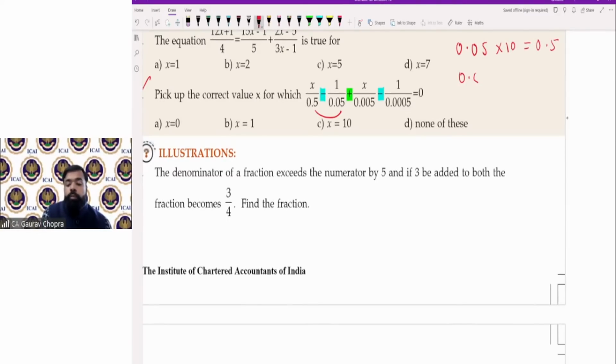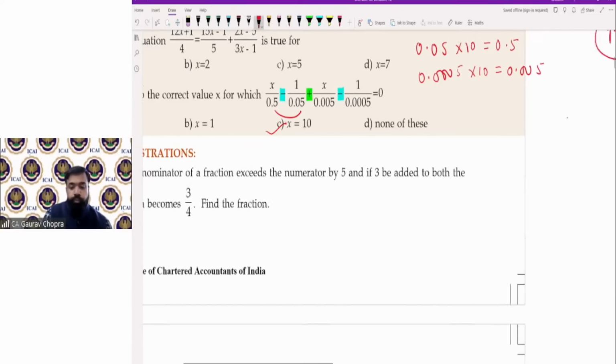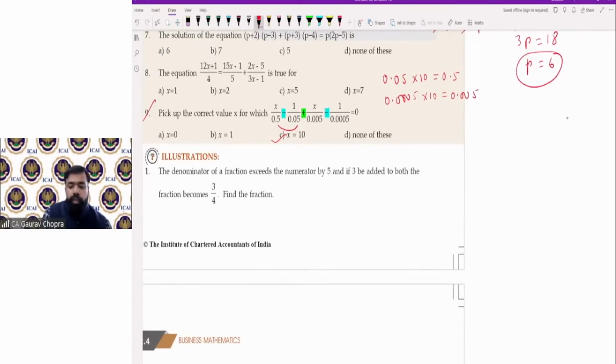Similarly, if 0.0005 is multiplied by 10, it becomes 0.005. So there is a difference of multiplication by 10. So try option 10, that is option C, and you will easily get your result.